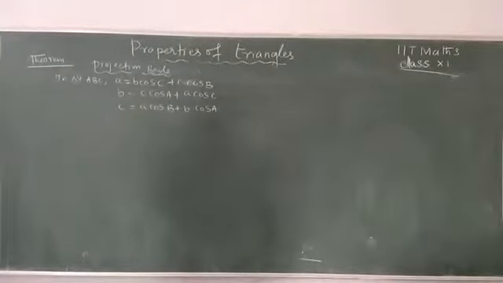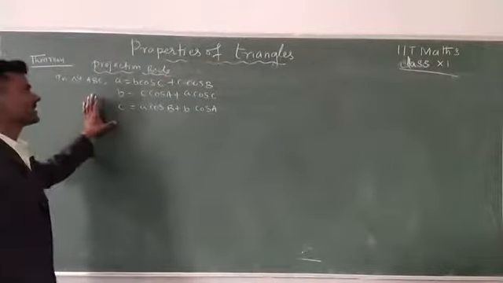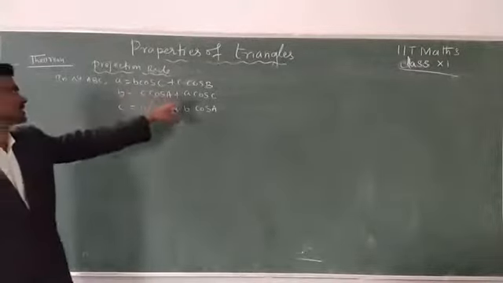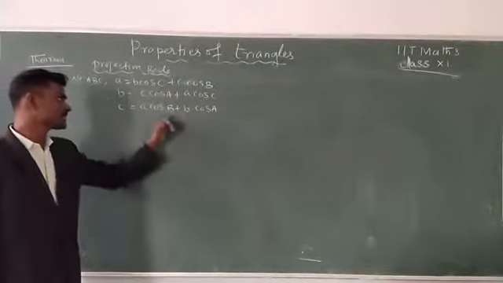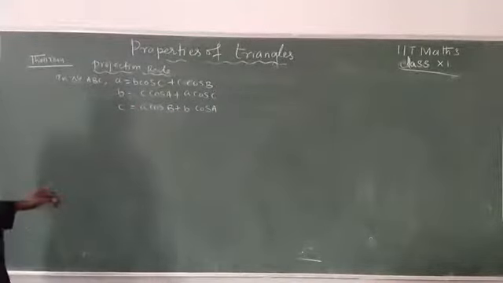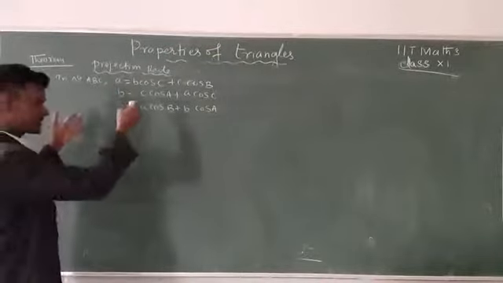Now projection rule. The theorem: in triangle ABC, a is equal to b cos C plus c cos B, and b is equal to c cos A plus a cos C, and c is equal to a cos B plus b cos A. Okay, now we have to take from the cosine rule.